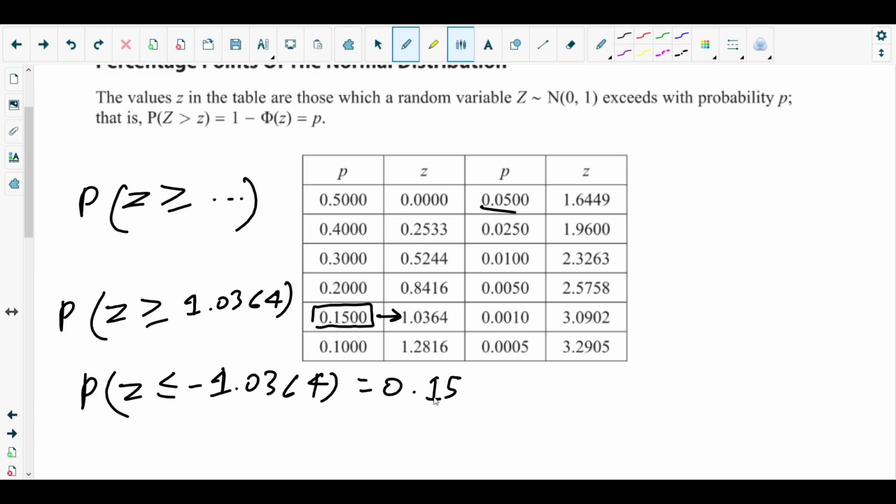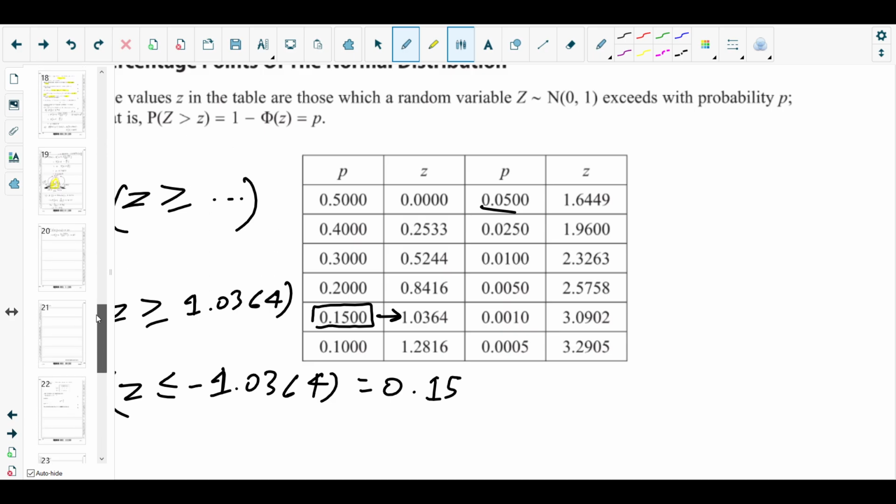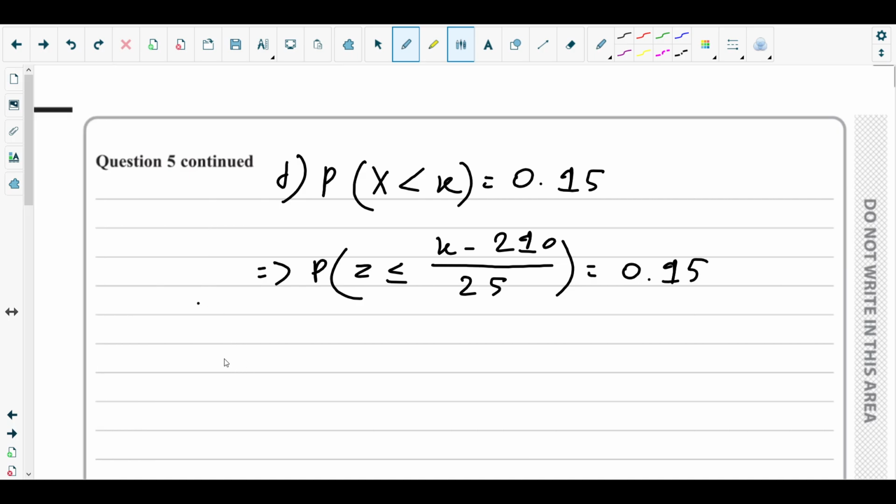Okay, so we got the value for z. This is negative 1.0364. Okay, so x minus 210 over 25 equals negative 1.0364.